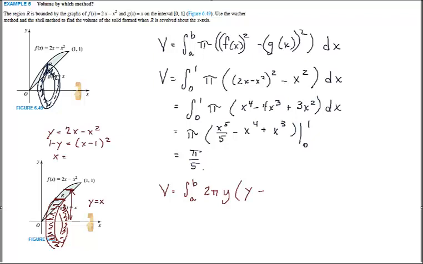For our particular case, we're going to have 1 minus the square root of 1 minus y. What a mess. Then I'm going to plug that in here, which is 1 minus square root of 1 minus y, dy. And that is not really all that stunning. And to put my limits of integration on there, that'll be 0 to 1.